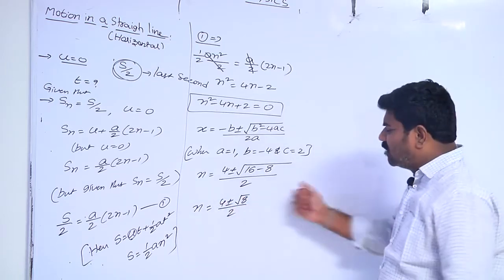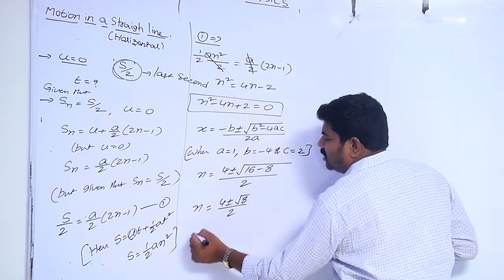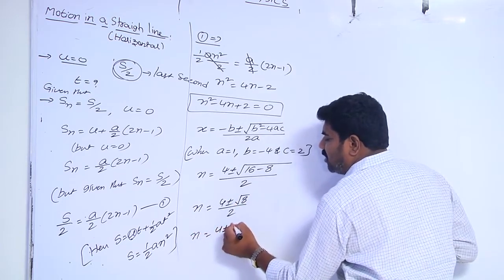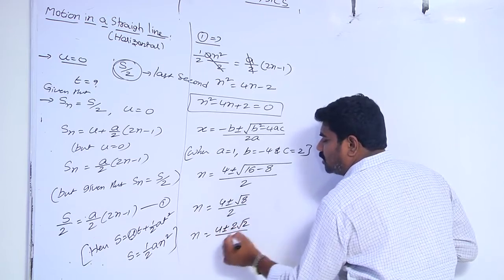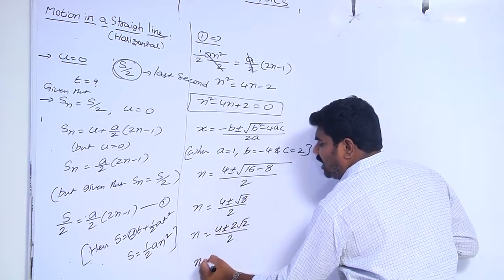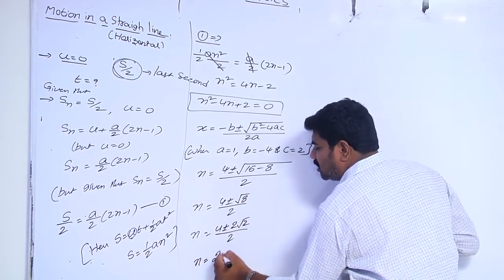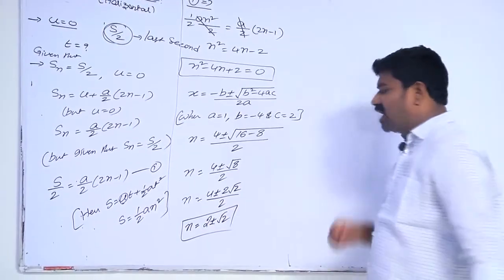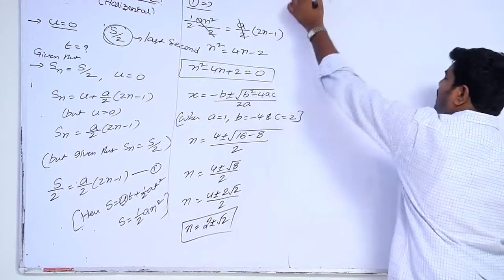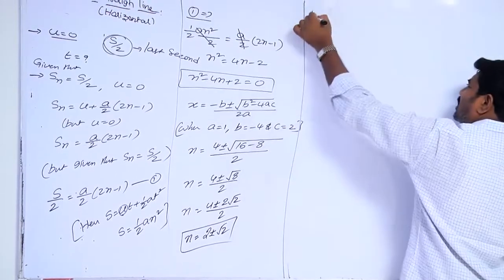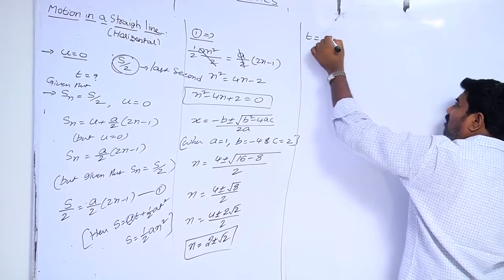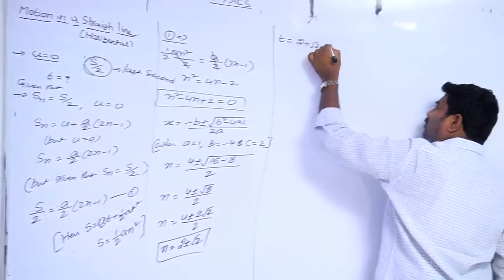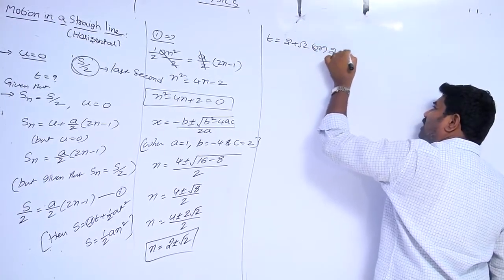Root 8 is nothing but root of 4 into 2. So n is equal to 4 plus or minus 2 root 2 by 2. Here 2 is common and cancels. So this is nothing but 2 plus or minus root 2. What is the time taken? The total time taken, t, is equal to 2 plus root 2 or 2 minus root 2.